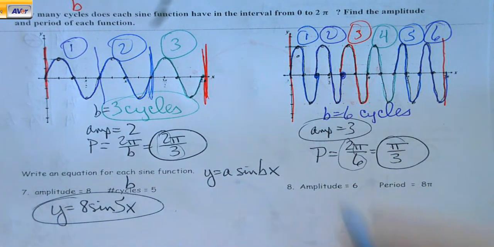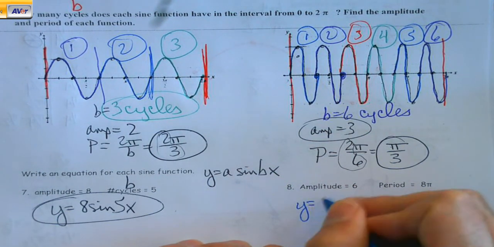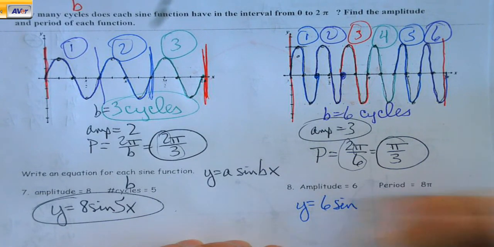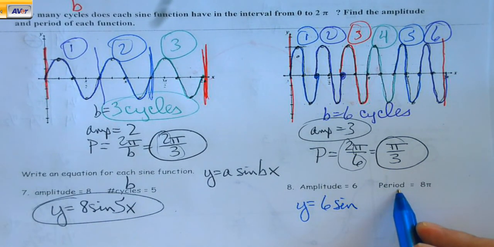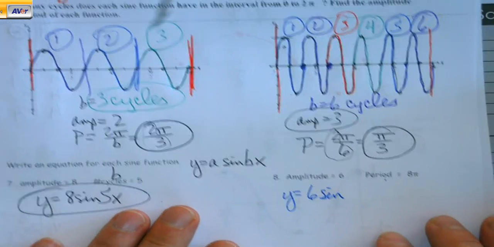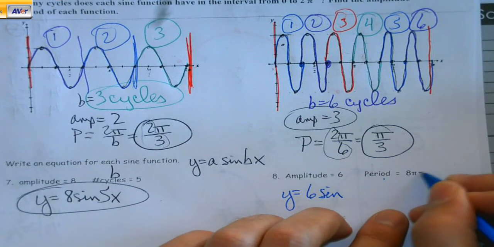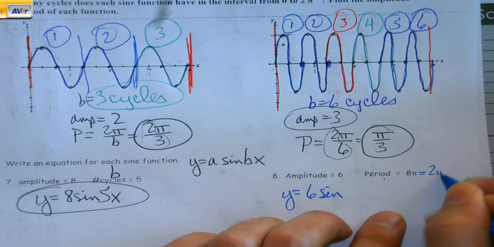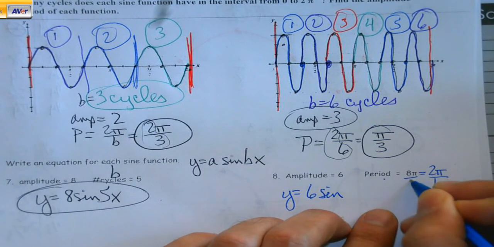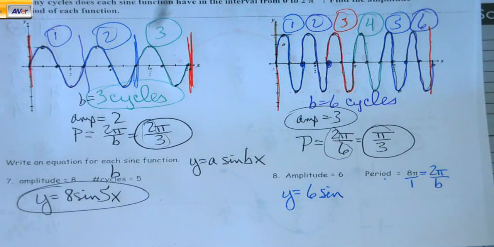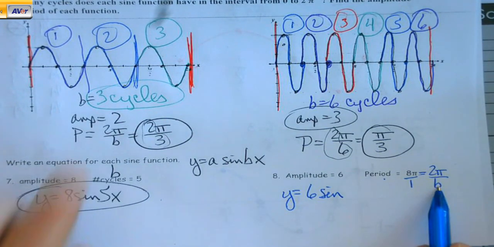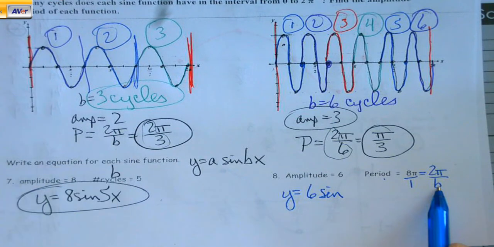However, if I'm given the amplitude, but here I'm given the period, I can't just use 8 pi and call it good. What I'm going to have to do is I've got to figure out now what B is. So to do that, I use my period formula, 2 pi over b.